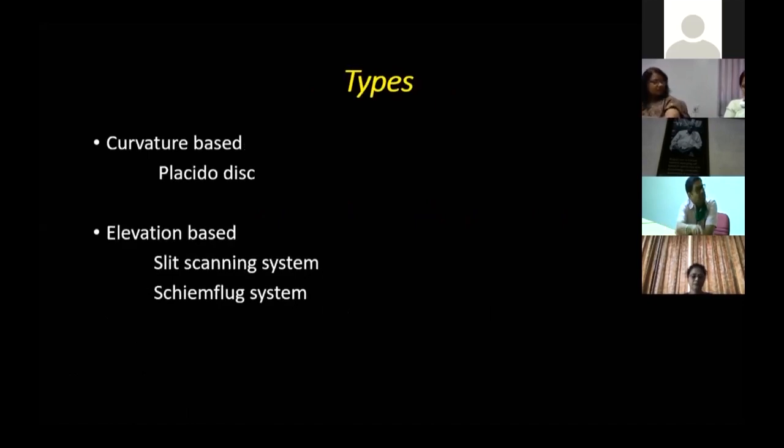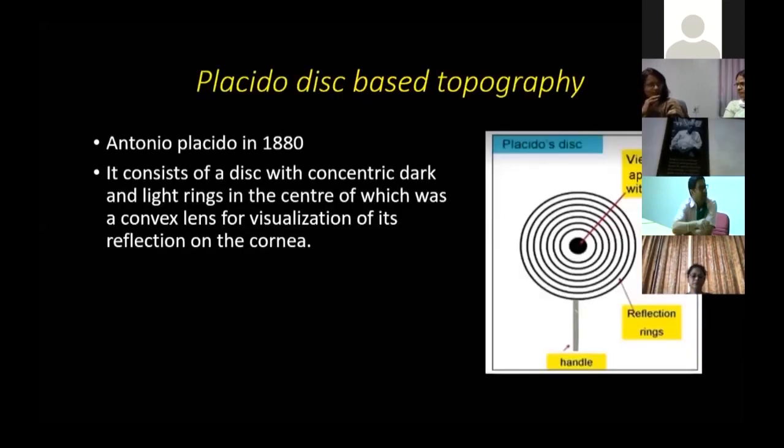So the main principle on the basis of which these topographers have been made is the curvature-based or the elevation-based concept. Curvature-based concepts are with the Placido disc, and the slit scanning systems and the Scheimpflug systems also come on the basis of elevation maps.